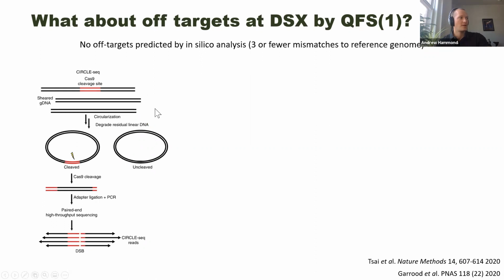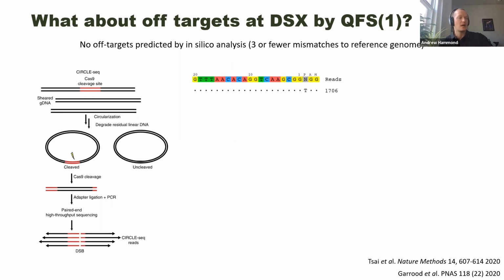And there's a technique where you can take the entire genome of any species you want, and you can cut it up and turn it into these small circles, and then present it with a single guide RNA and Cas9. And you can measure what gets cut and what doesn't through sequencing. So it's an unbiased approach to work out any regions of the genome that might be susceptible to a guide RNA. And you can do this for mixed populations of genomic DNA from wild-caught mosquitoes.